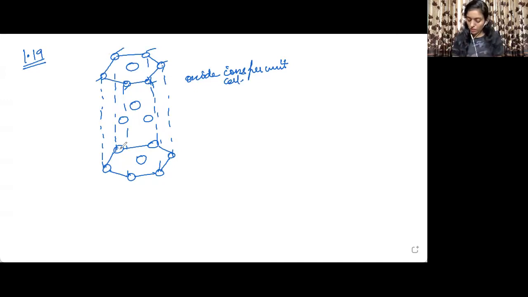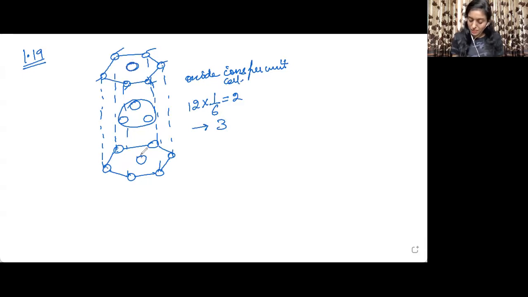So how many corners are there? 1, 2, 3, 4, 5, 6. 1, 2, 3, 4, 5, 6. So 12 multiplied by 1 upon 6 equal to 2. Now 3 oxides are lying inside the hexagon. They are not shared by any other hexagon. So here we can say 3 oxide ions.